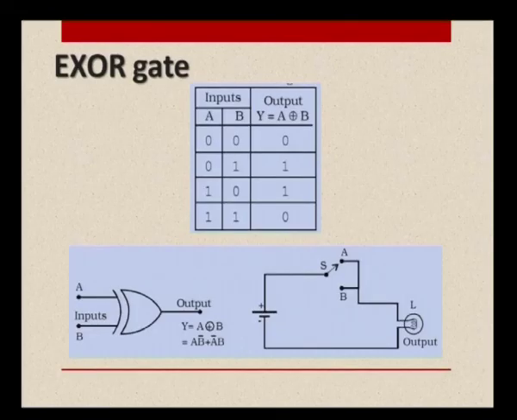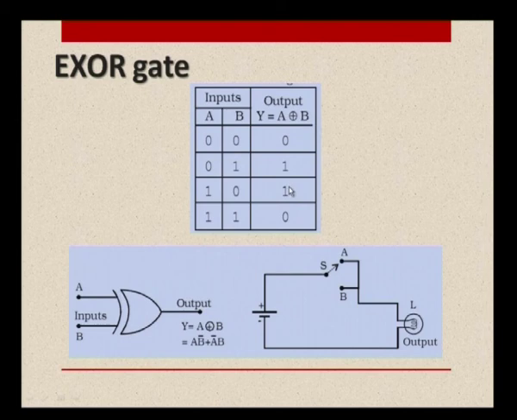So, let us see how the XOR gate is represented in electronic circuits. The truth table of XOR gate is given here. If A and B are either at low state or at high state together, then the output is at a low state, there is no output.